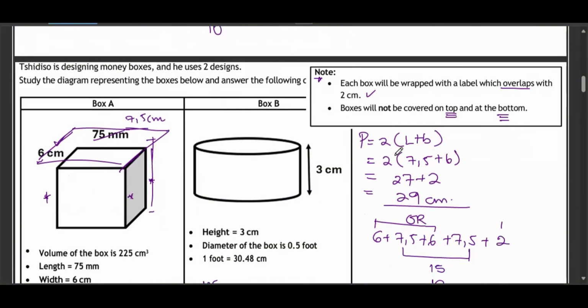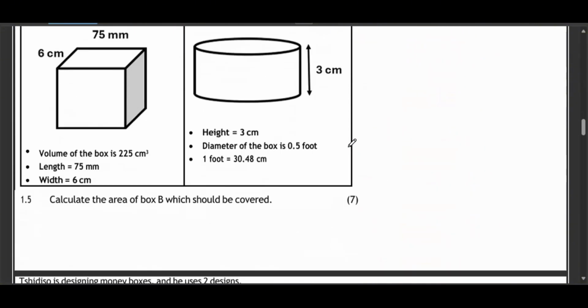So what are we going to do? Now they're asking us here, B, this is box B. All right? This is B and this is A. This is the top and the bottom is down there. So the area to be covered is this other one here.